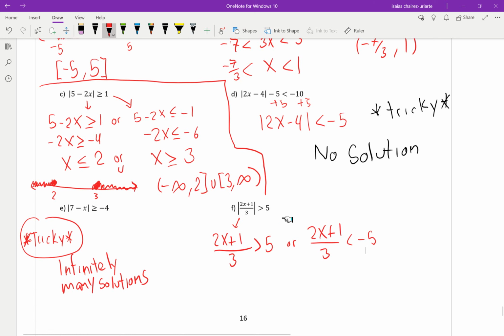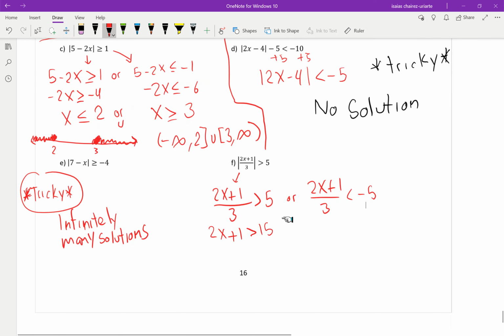That does not change my inequality. And then I'm going to subtract 1, because 15 minus 1 is 14. And then I'm going to divide everything by 2. So then that's going to say x is bigger than 7.